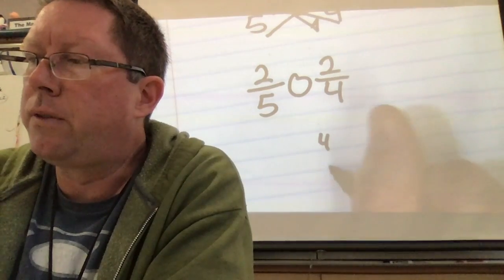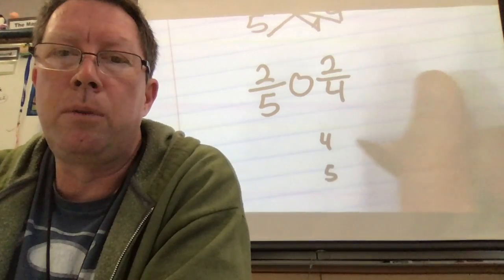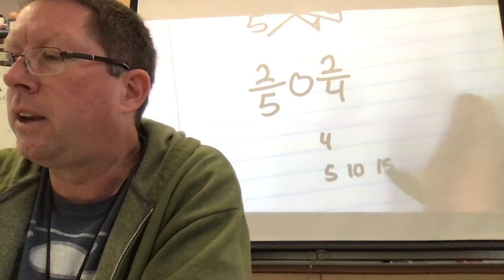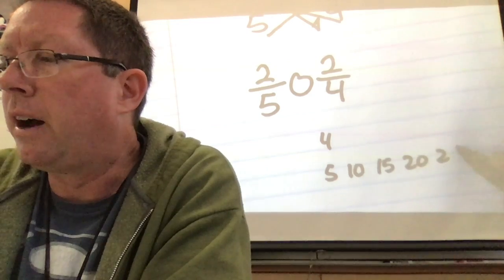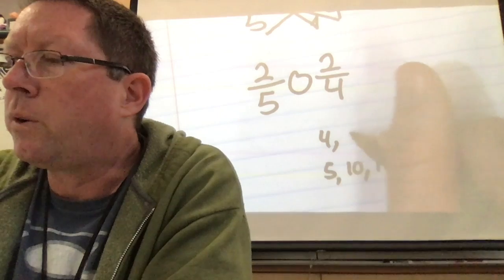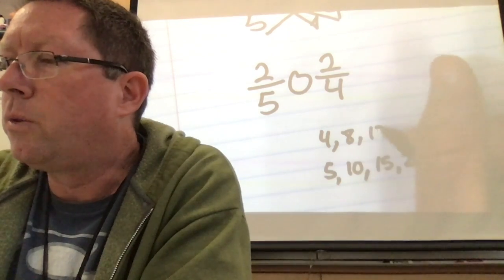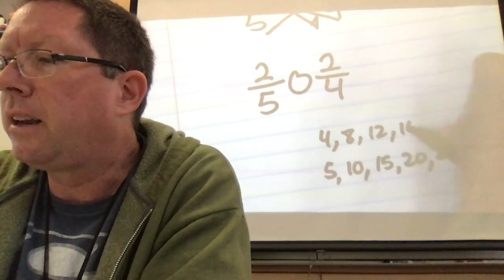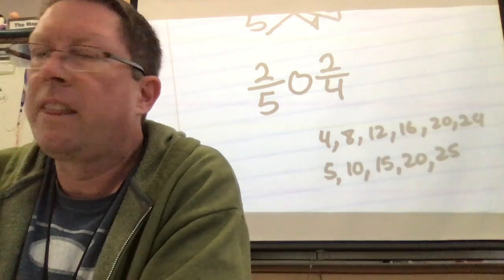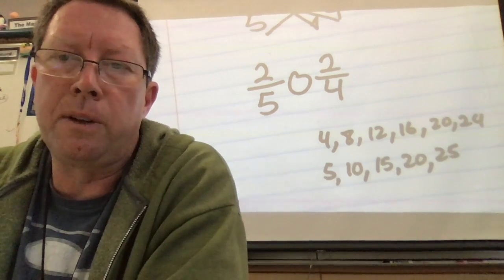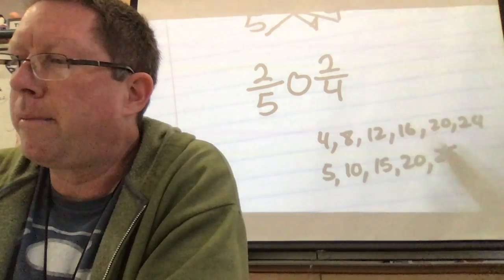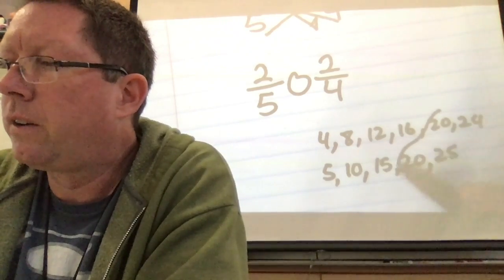One's a 4, one's a 5, and start writing out their multiples. So 5, 10, 15, 20, 25. 4 would be 4, 8, 12, 16, 20, 24. So write out the multiples for a little bit until you see a match. Now I see a match right here.